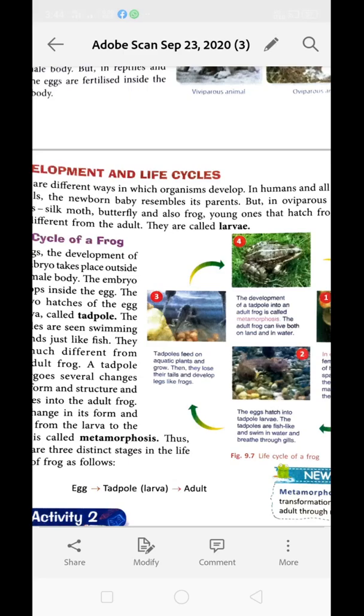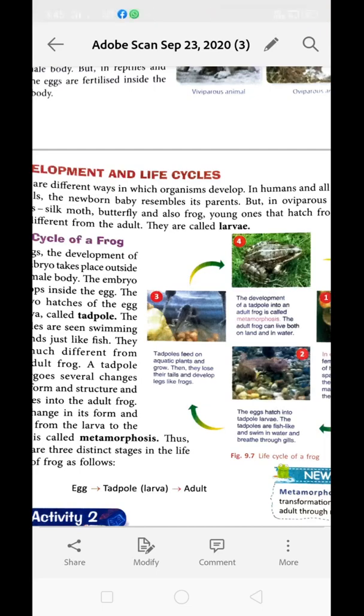If the yolk is in less amount and is not sufficient to support the whole development of the organism, then the larva comes out of the egg. All oviparous animals do not have larvae. Only a few of them have a larval stage, and the larval stage is due to the small amount of yolk present in the egg.